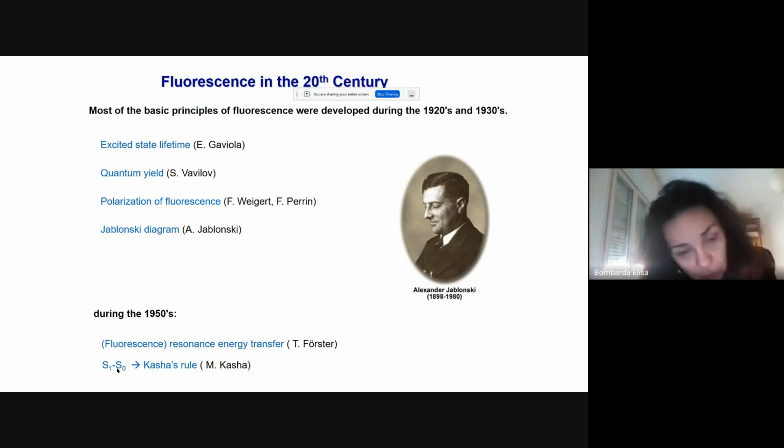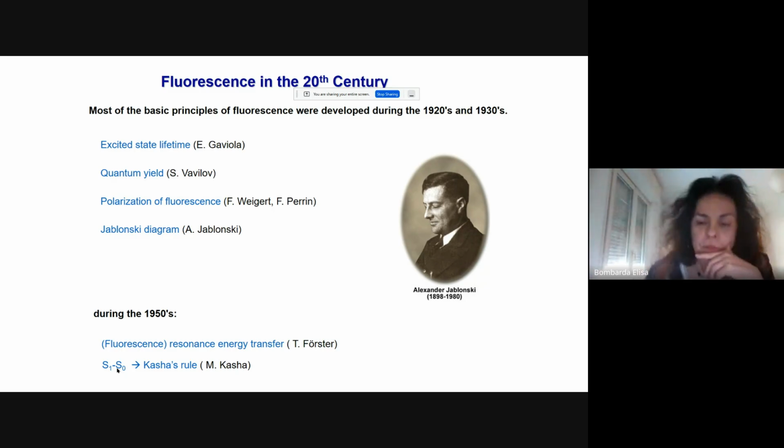And also fluorescence resonance energy transfer. We will see why fluorescence should not be used in this term. Kasha's rule, and so on.